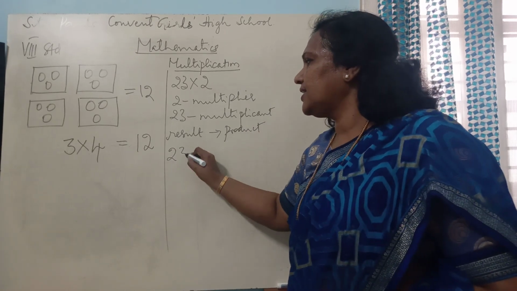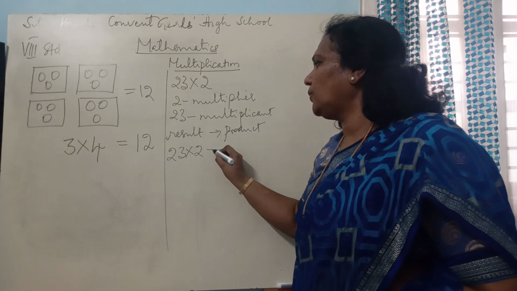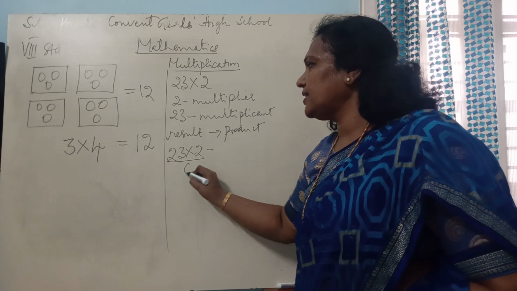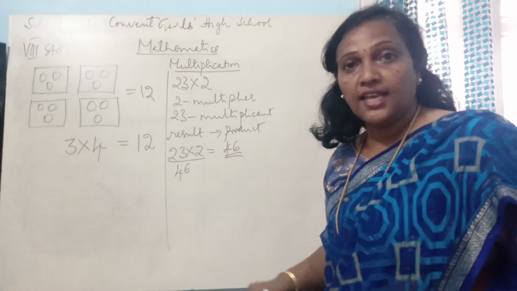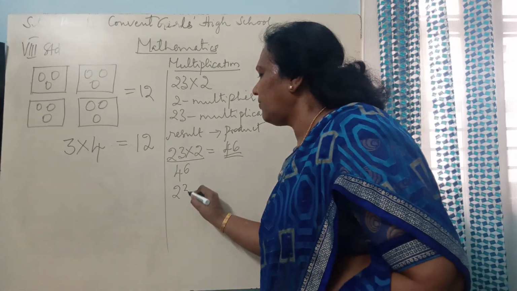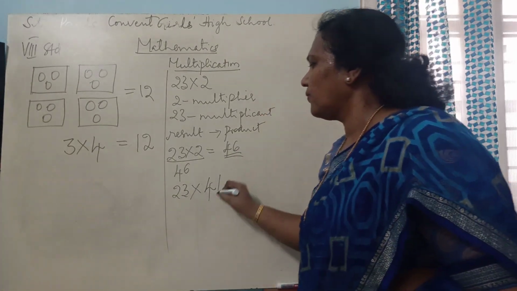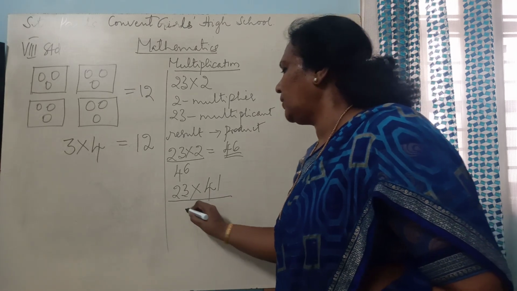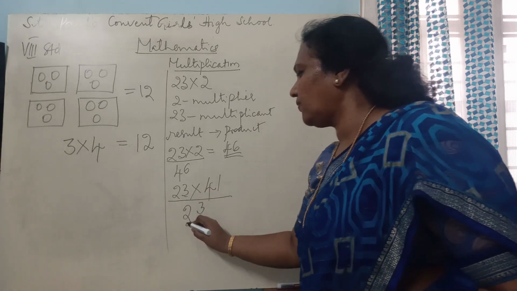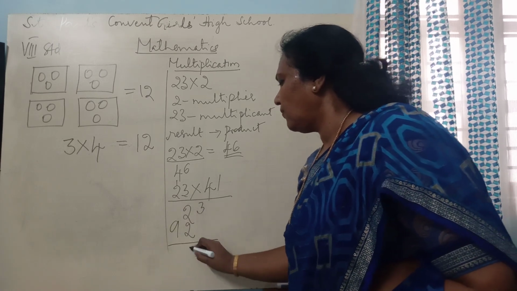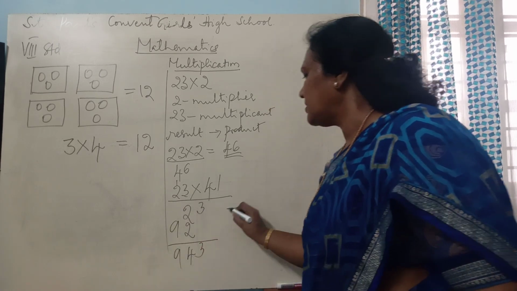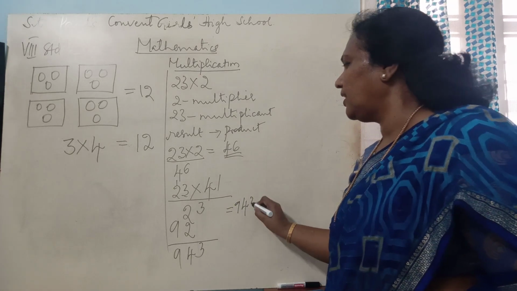So with a single digit I will multiply 23 into 2. 2 3s are 6, 2 2s are 4. So it is equal to 46. Underline the answer. With a double digit I will do. 1 3s are 3, 1 2s are 2, 4 3s are 12, 4 2s are 8 plus 1, 9, 3, 4, 9 is equal to 943.